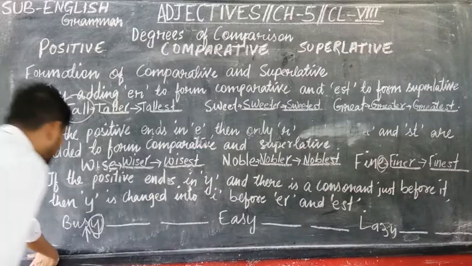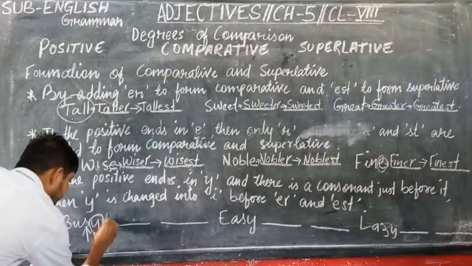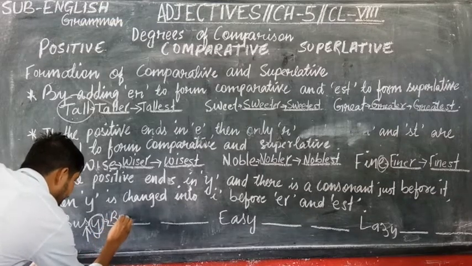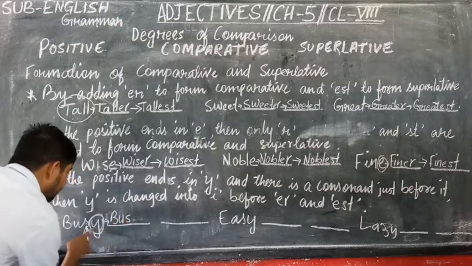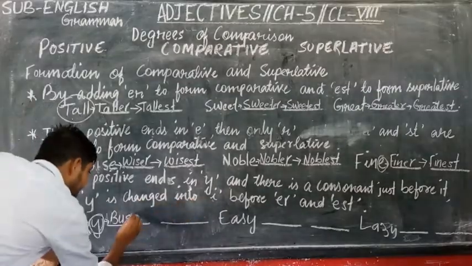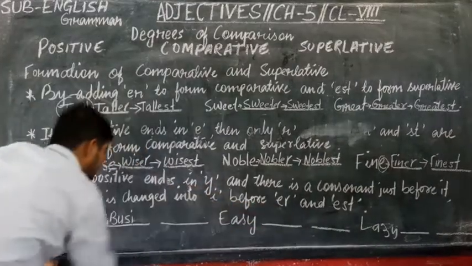Let's do it here. Busy. To make the comparative, what do we do? We will remove this Y, and in the place of Y we will write I. Then we add ER.